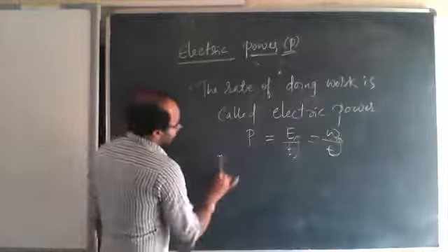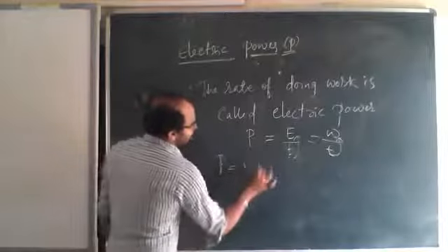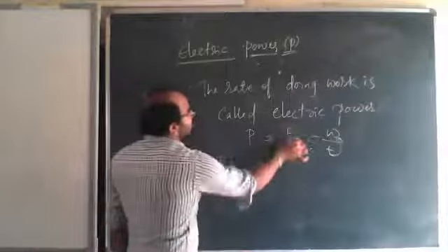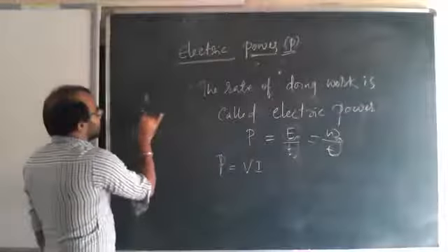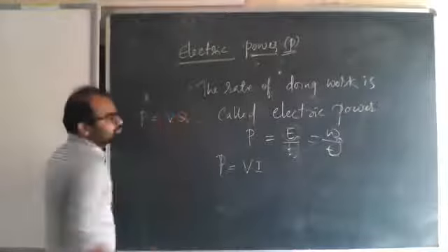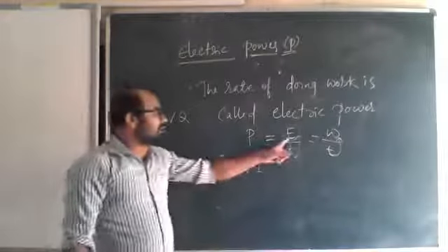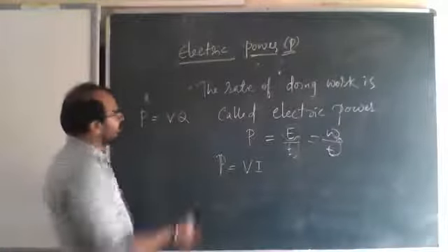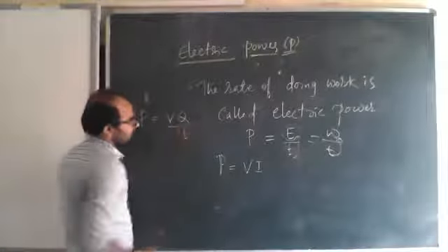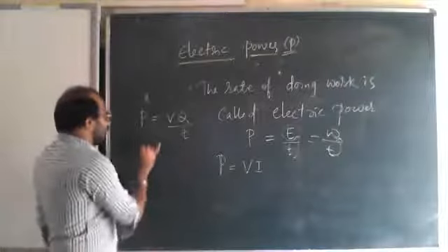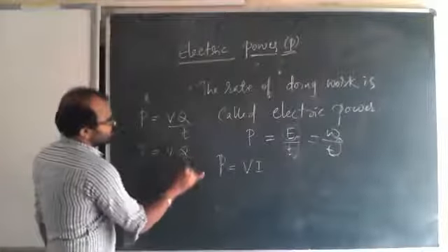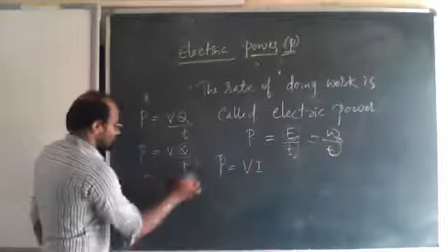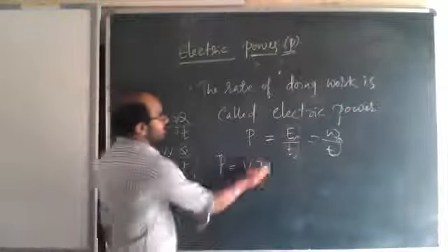So for P, you can have another formula that we call VI. For E, I can write VQ. In the last part we said electrical energy is nothing but voltage into charge. So P equals VQ by T, and Q by T is I. So P equal to VI is the formula.